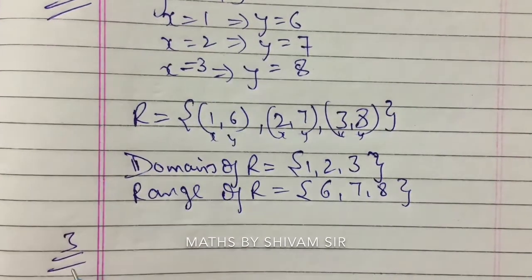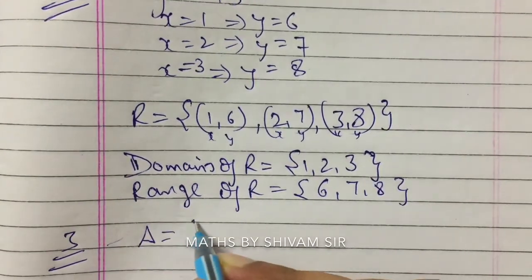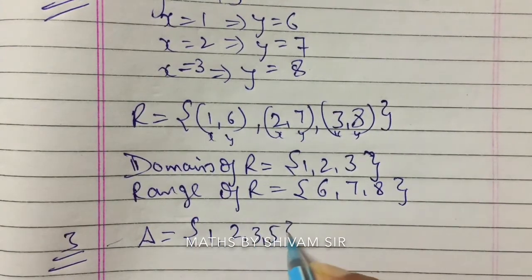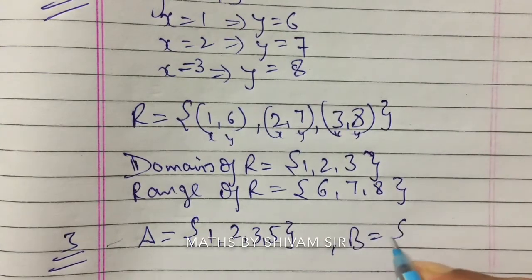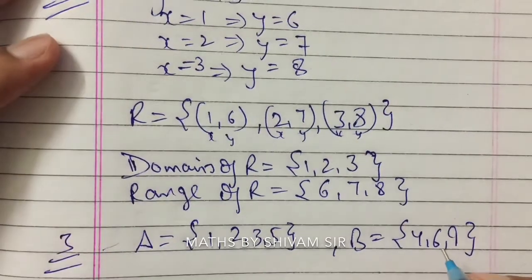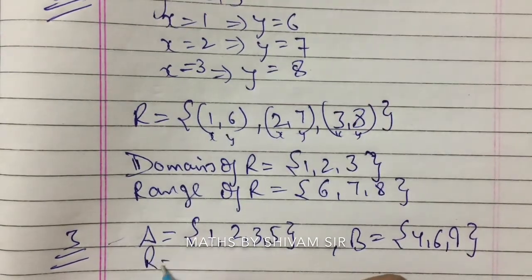Third question we have, A is equal to {1, 2, 3, 5} and B is equal to {4, 6, 9}, right? Define a relationship R from A to B such that R is what?